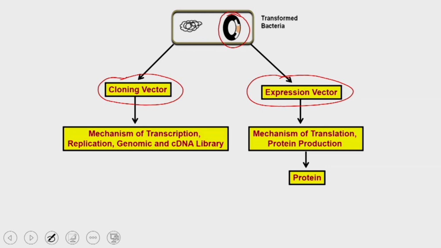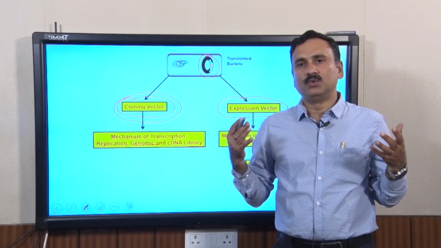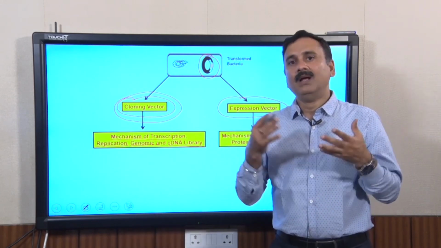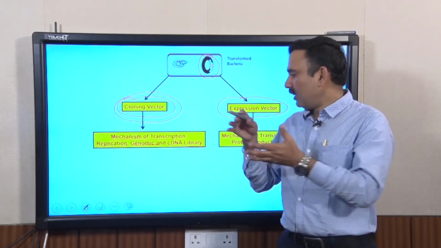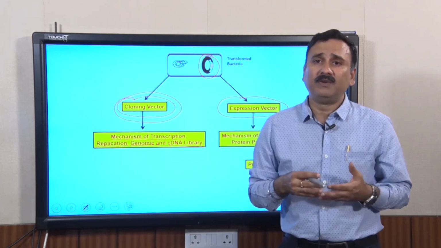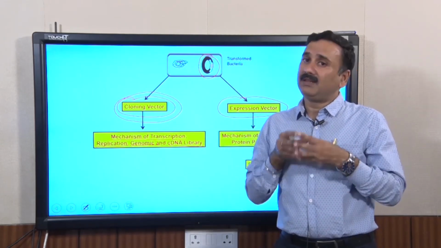The purpose of this recombinant DNA would be to study the mechanism of transcription or replication, and similar strategies are used for generating genomic as well as cDNA libraries. So, you are restricting yourself to basic research, using these constructs only to address questions related to processes happening within the cell or the host, whether transcription or replication, or to generate genomic and cDNA libraries.